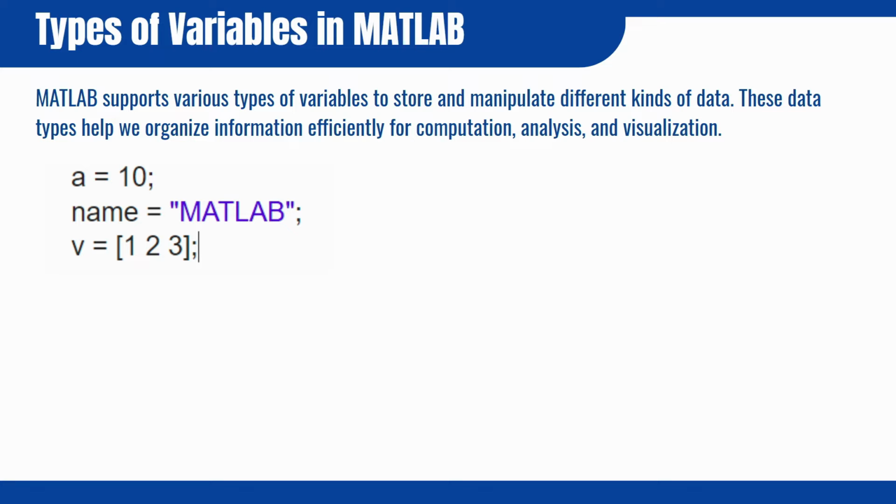MATLAB here is a string, and this information is stored in the variable name. In the third statement, we have V = [1, 2, 3], which is one type of array, and all the elements are stored inside V. These are some types of variables, and in the coming sessions we will discuss them in more detail.